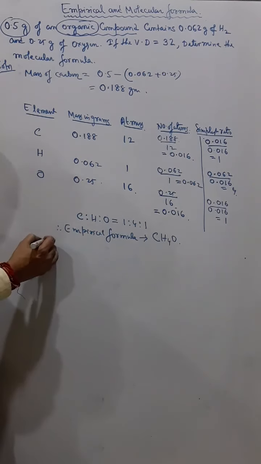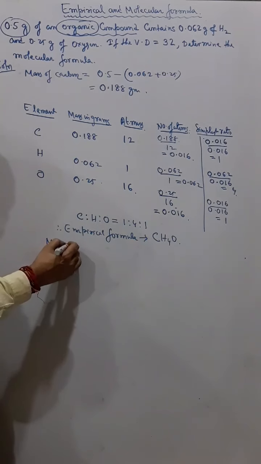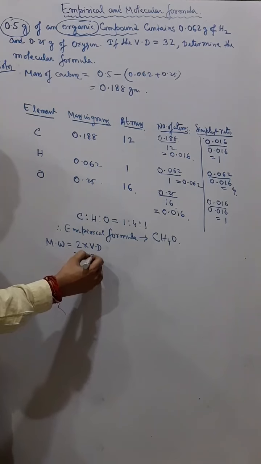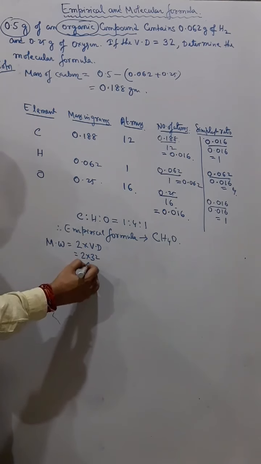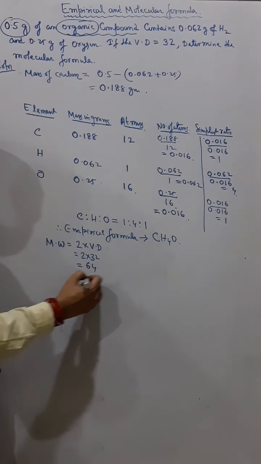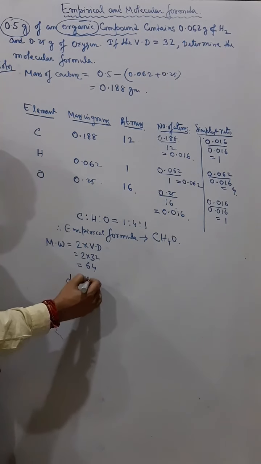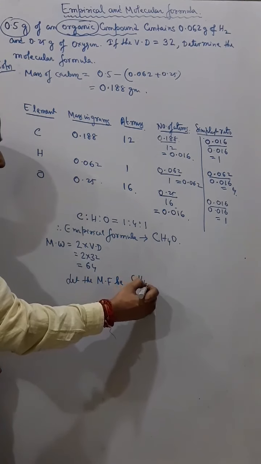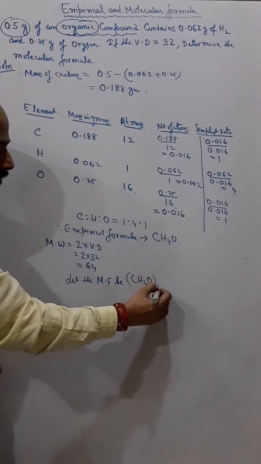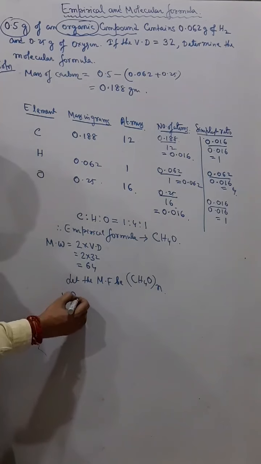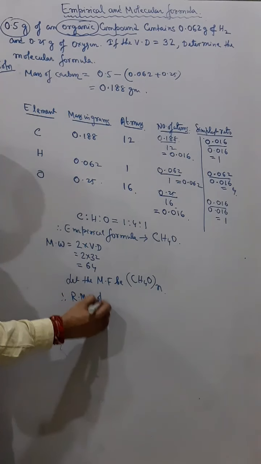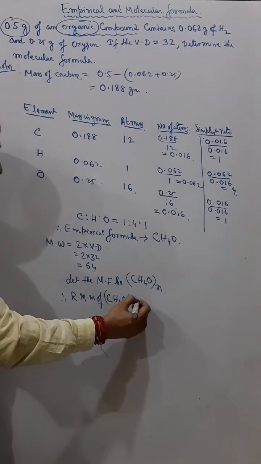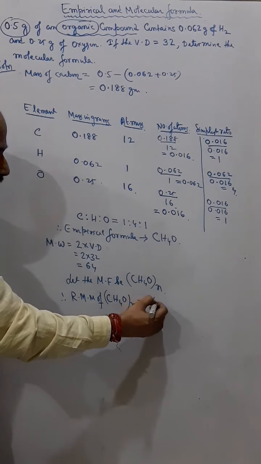For the molecular formula, first we will get the molecular weight, and molecular weight is 2 into vapor density, that is 2 into 32, 64. Now let the molecular formula be (CH4O) whole n. Now we can say the RMM of (CH4O) whole n is equal to 64.